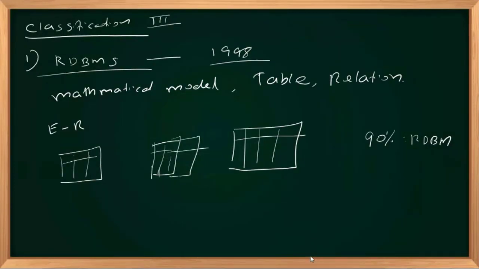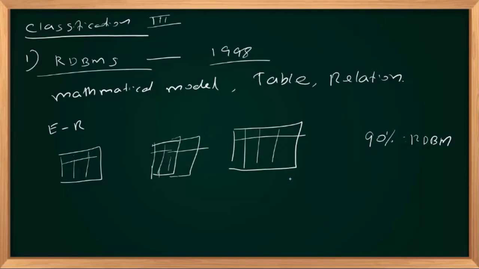Then another classification. Classification, we are continuing. Third classification, how data is stored. How data is stored is another classification. The common data stored in the model is known as tabular model.